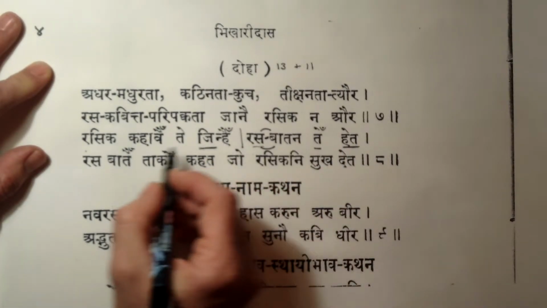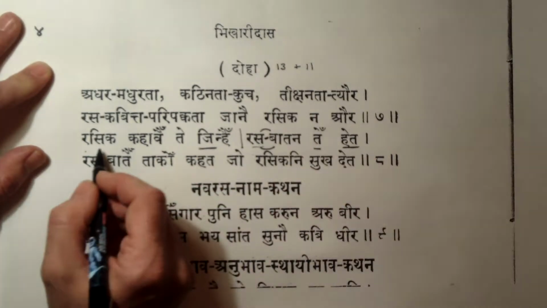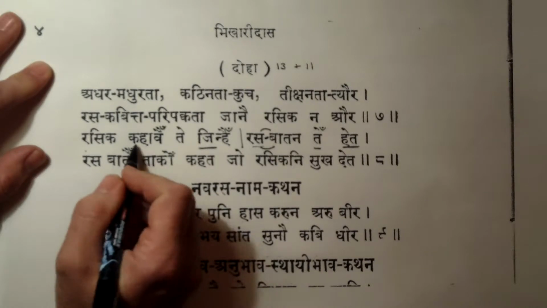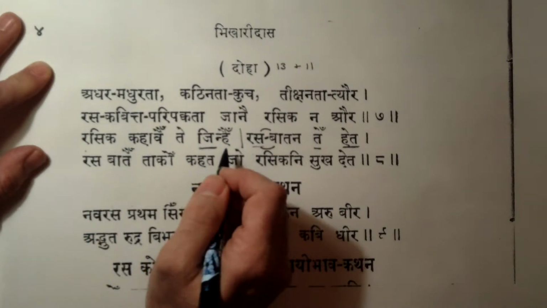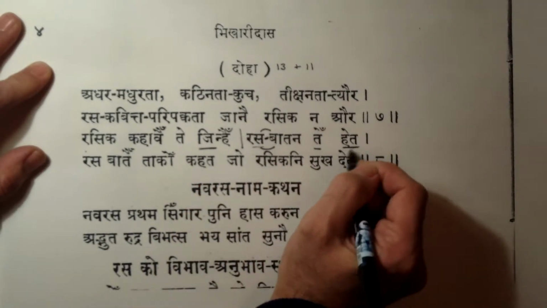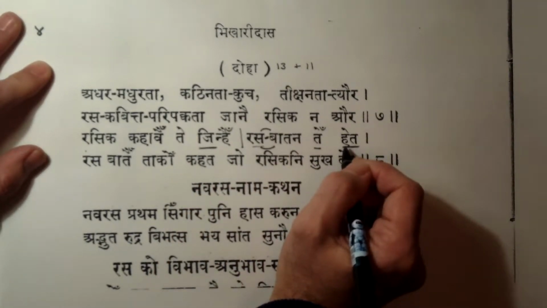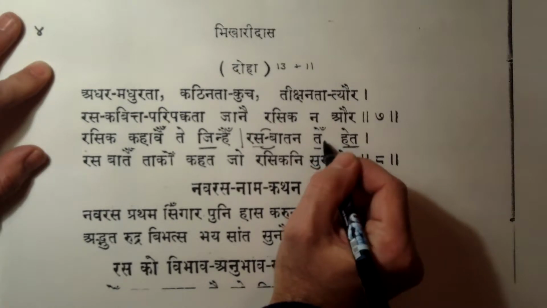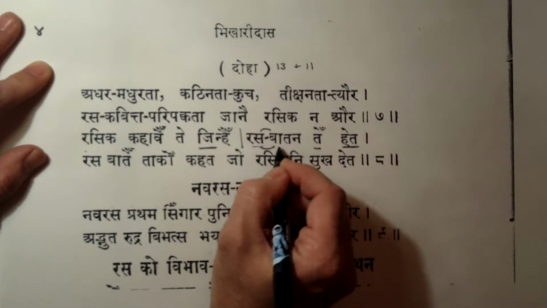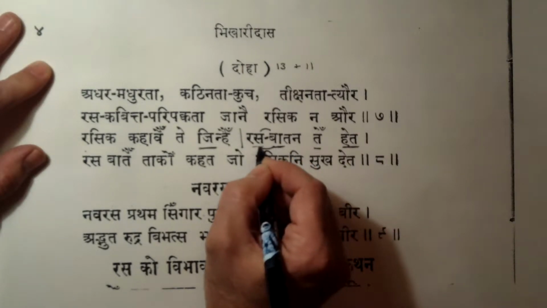And so, let's put the whole line together. Rasika kahave te, those people are called rasikas, are called connoisseurs. Jinhe, for whom, to whom, there is heta, affection, concern with, love for. From what? Te, from those things, or with those things, that are rasa bhata, which are matters of rasa.